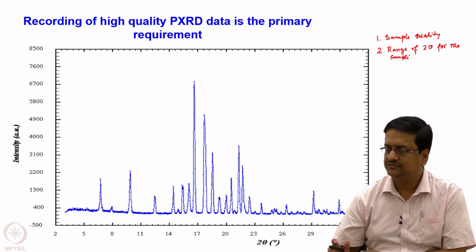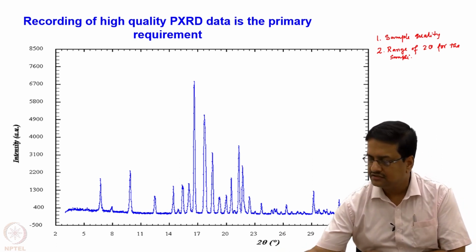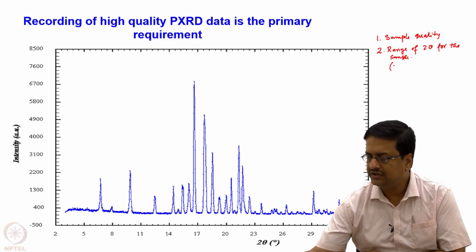Depending on what range we get, we should choose a specific region. Say for example, we have peaks only from 3 to 50 degrees.